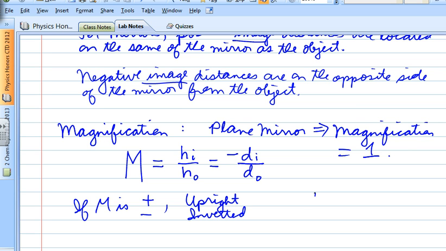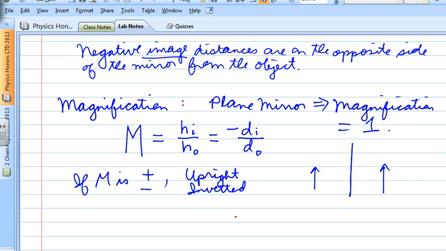And for a plane mirror, remember that we have an object and a mirror and an image. Well, they are the same size, so it has a value of 1, and they're upright, so it's positive 1. So if I were to measure the object height versus the image height, I would get the same thing.